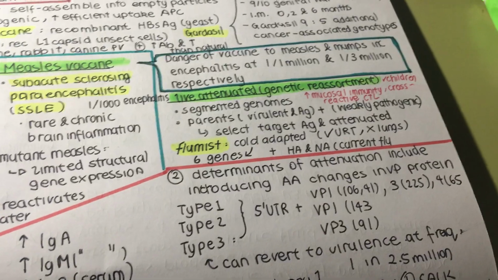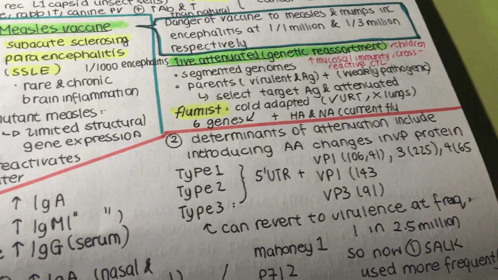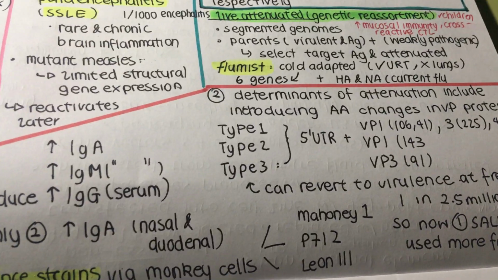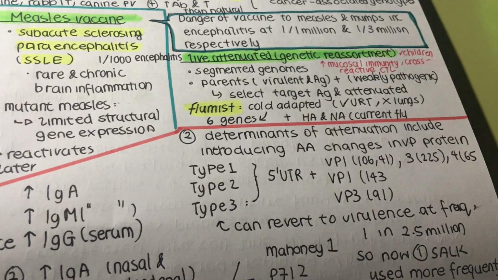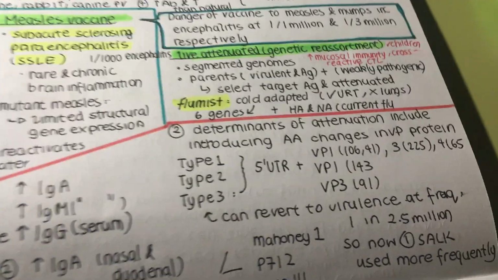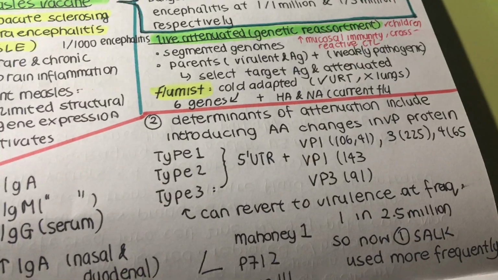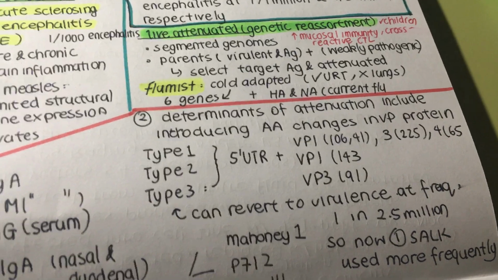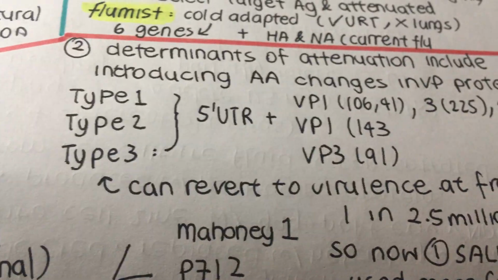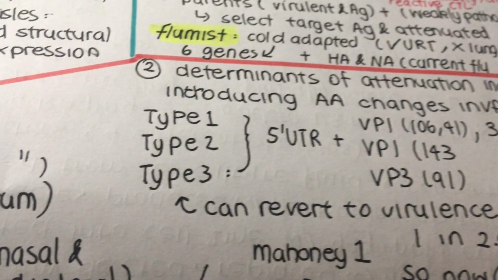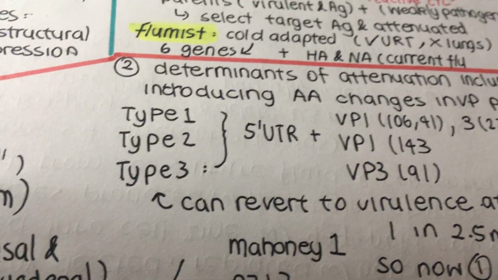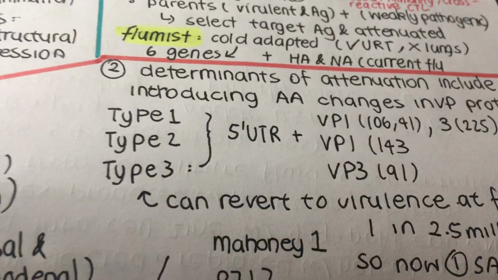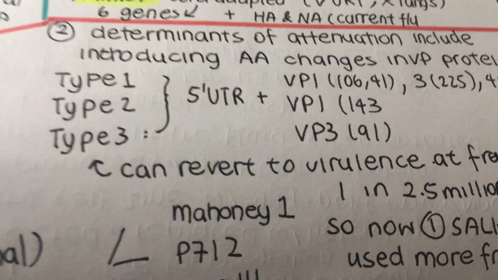And essentially, for attenuation to occur in the oral poliovirus vaccine, you can use 3 types of changes, and all of them involve some sort of change in the VP proteins. And it is the type 3 which induces an amino acid change in the 91 residue for the VP3 protein that can easily revert to virulence.